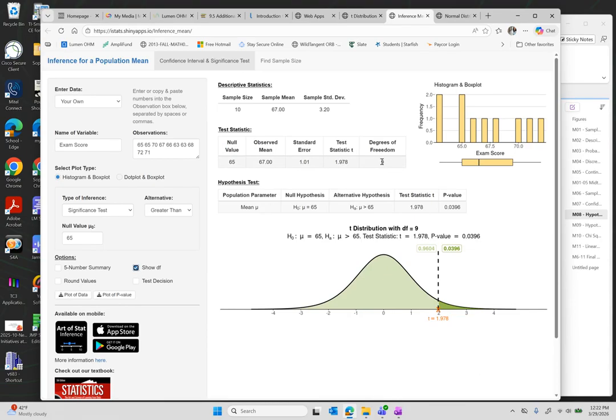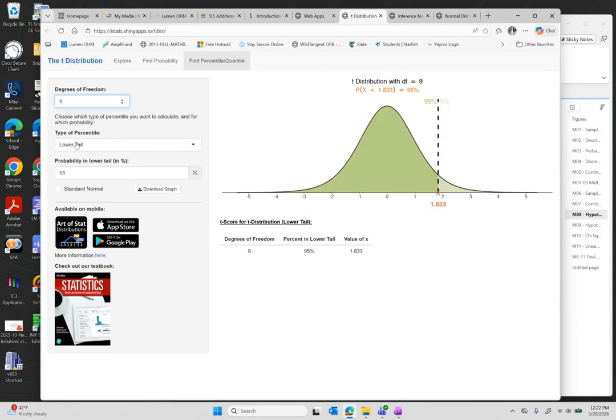So you can see that they are 9, or you can remember that they are n-1. I am looking for an upper tail, and I want the probability in the upper tail to be 5%. And I will get the critical value for t to be 1.833.